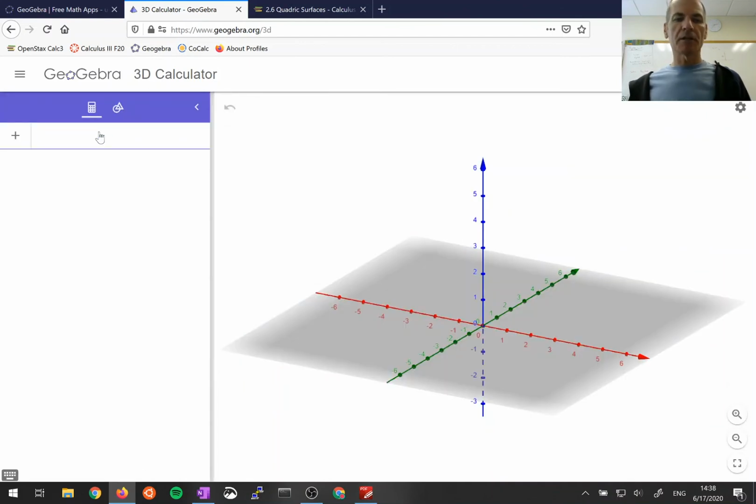and let's punch in the equation for this spheroid. So I know that L is equal to 1.625.